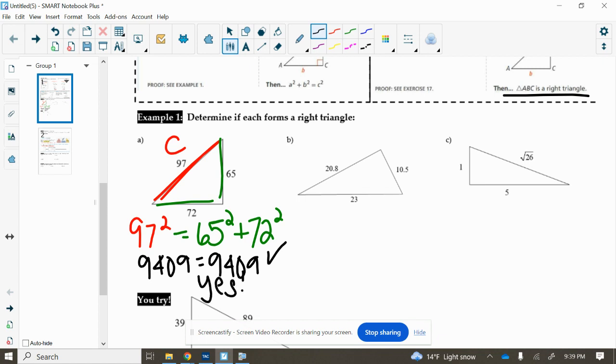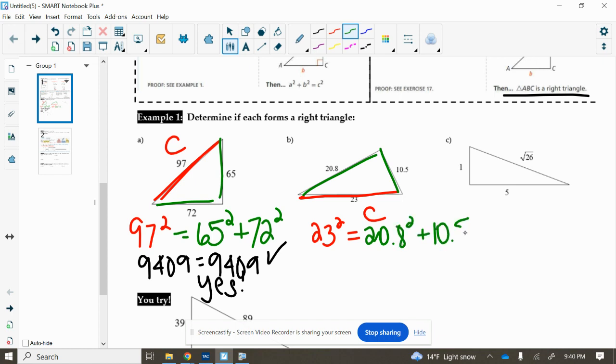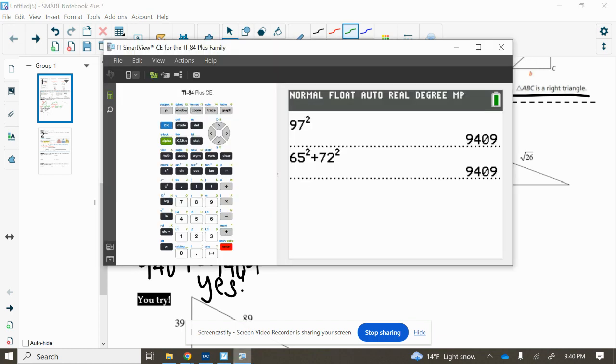In our next example, the biggest side out of these three is 23. So that would have to be the potential c. And then we would check, does this equal the two smaller sides, 20.8 and 10.5 squared? Okay, again, we've got to check, does this work?